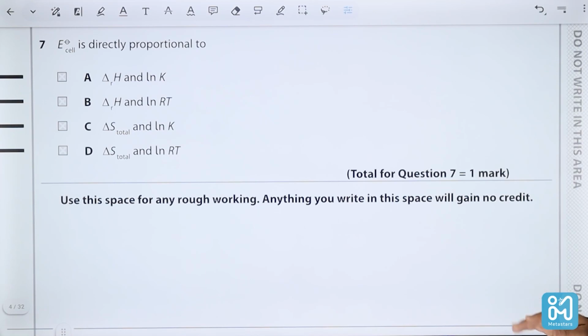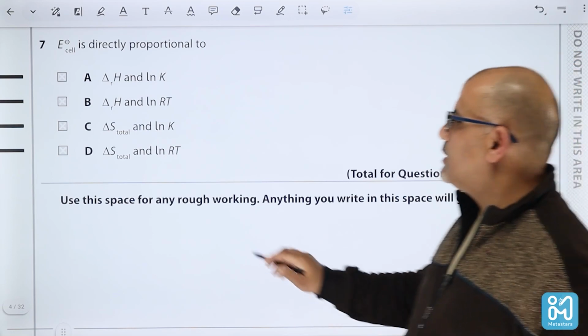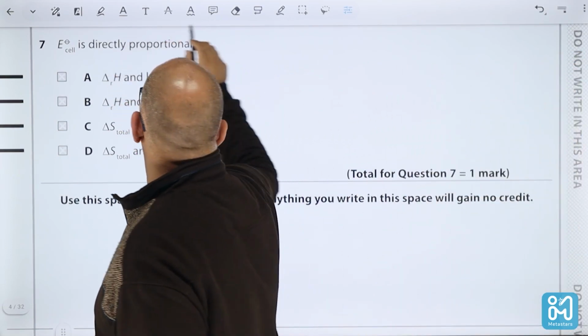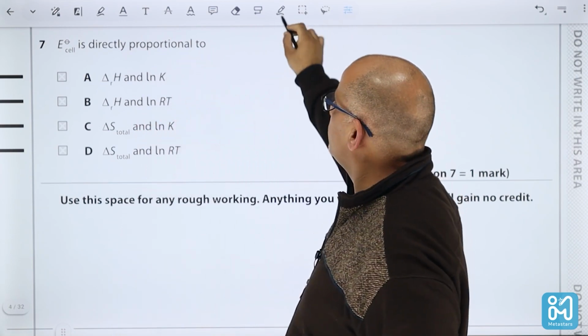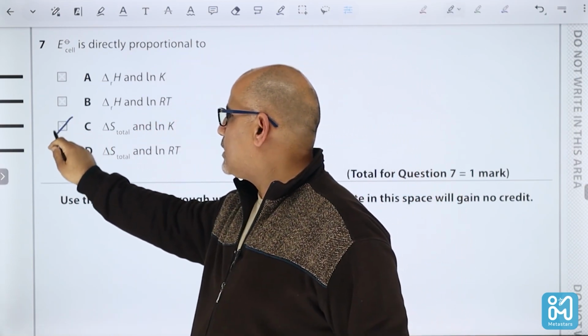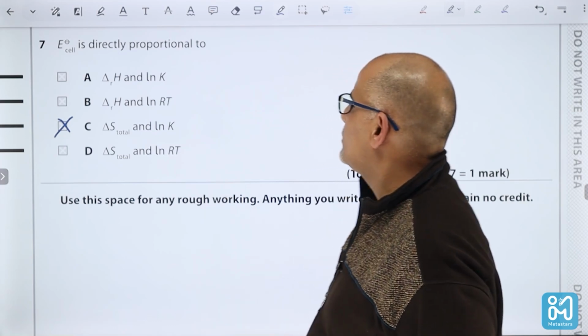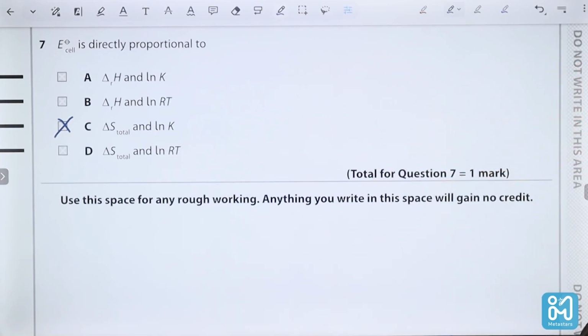It's the delta S total and ln K, delta S total and ln RT. So it will be C because it is directly proportional to the delta S total and the K constant or the ln of K.